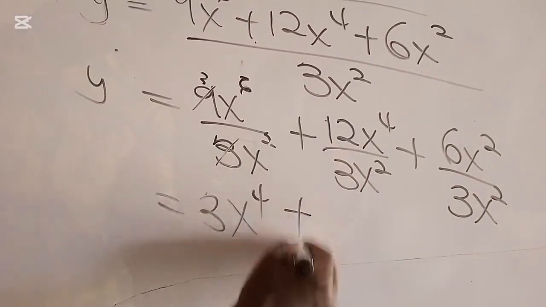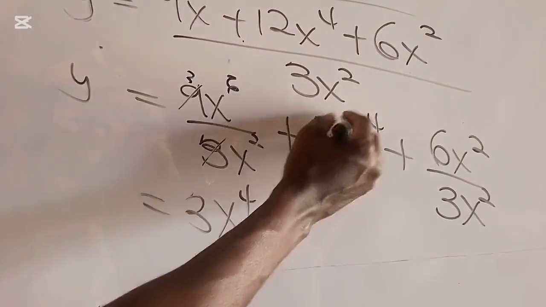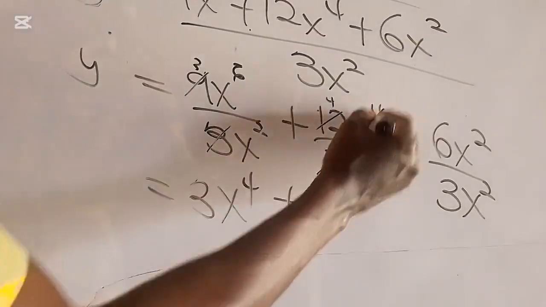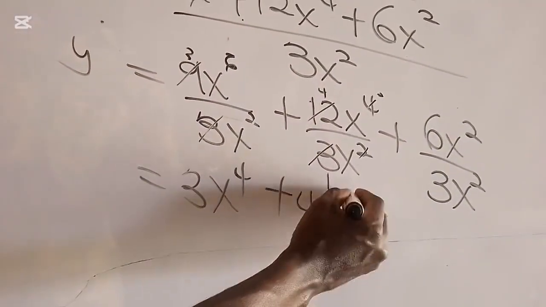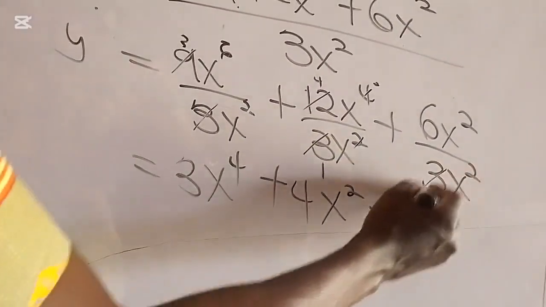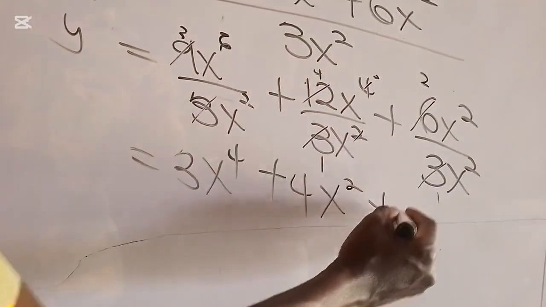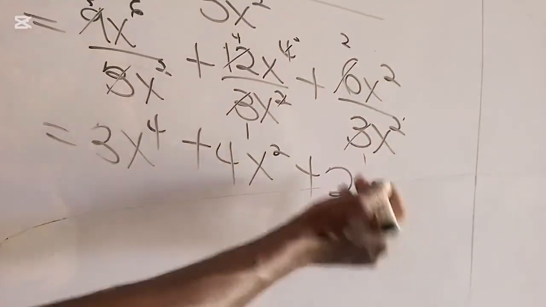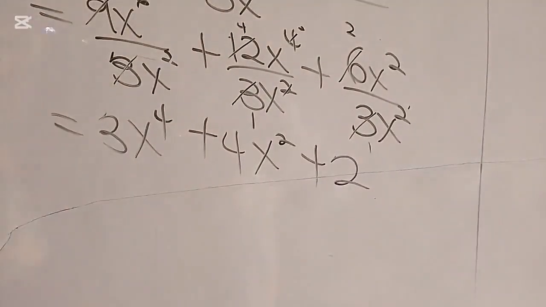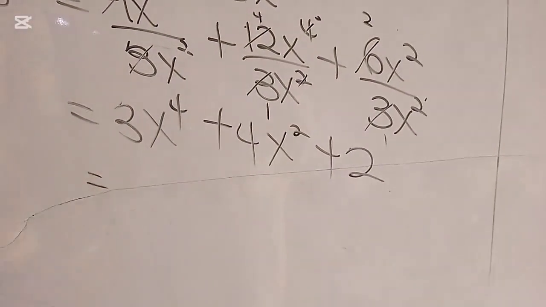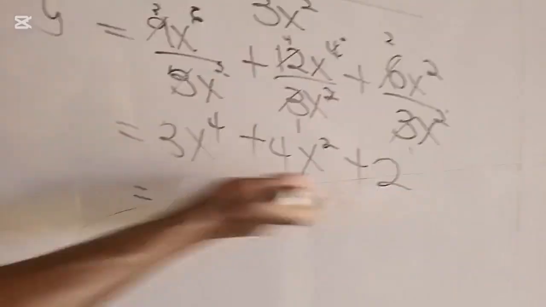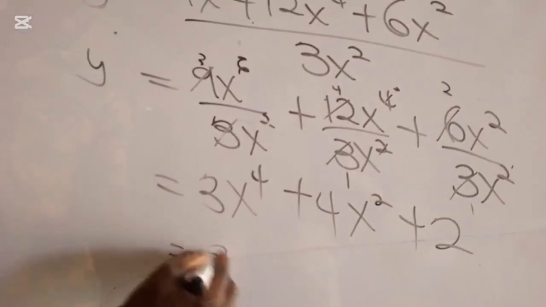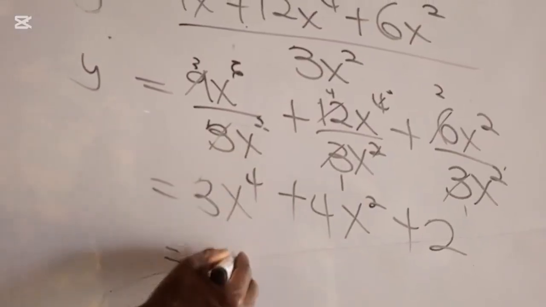Then 3 will go into 12 4 times, so we have 4, and this will cancel, so we have exponent 2. Plus 3 will go into 6 2 times, and this x squared will cancel, so we'll be left with a constant. I hope you are getting the point. So now we are good to go. With what we have now, 3 multiplied by what? We'll drop the 4.